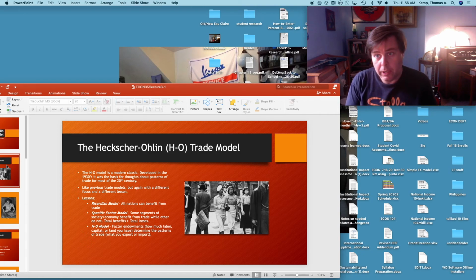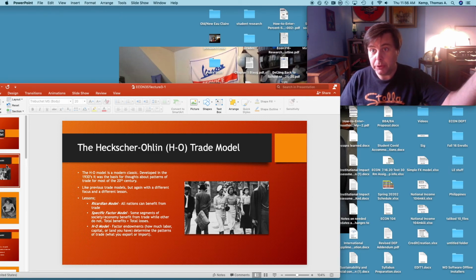Okay, so on this slide I wanted to review the lessons that we've learned from these models so far, as well as cover the lesson that we'll learn in this model. Okay, so the Ricardian model: all nations can benefit from trade, even if they don't have an absolute advantage. Specific factor model: some segments of society benefit from trade while others do not. However, the total benefit from trade still exceeds total losses, right?